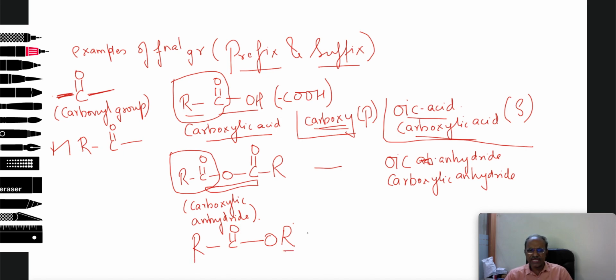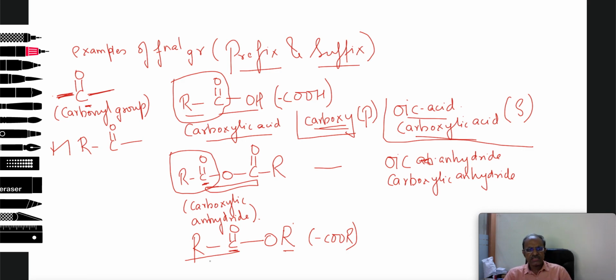We can also write it as COOR. Here again this part remains the same. As I told you, carbonyl, C double bond O, is the basis of many functional groups.